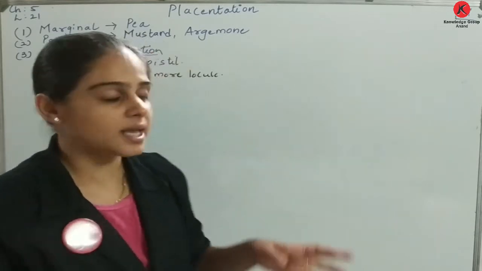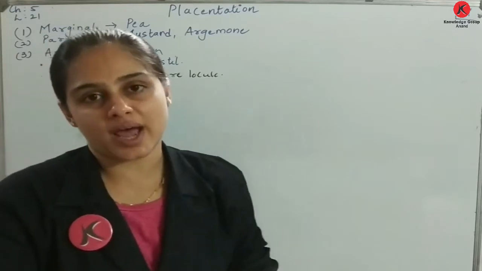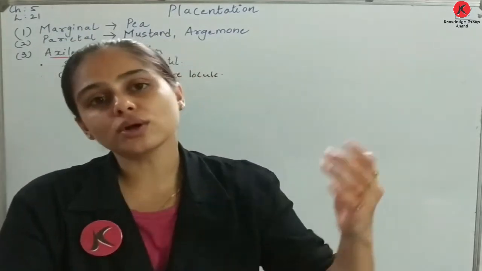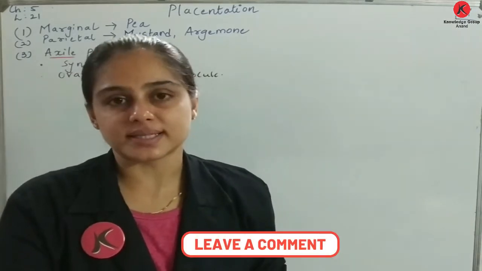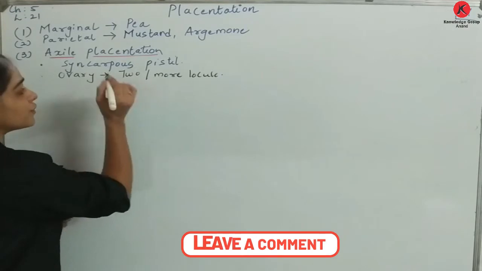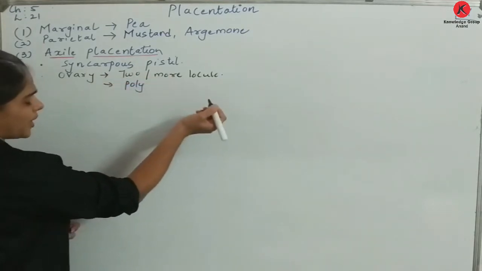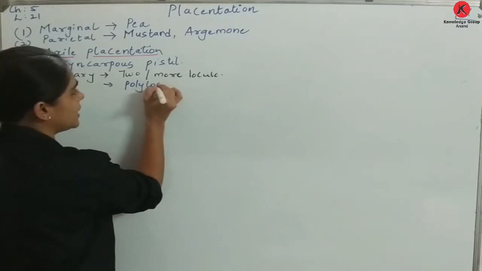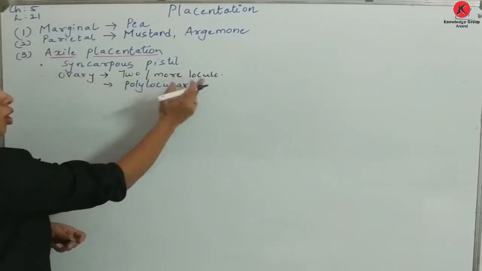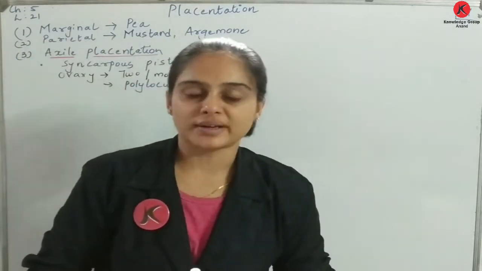But in axial placentation, these ovaries have two or more than two compartments. Am I clear? And thus the ovary here is multilocular. It has two or more than two locules or compartments.